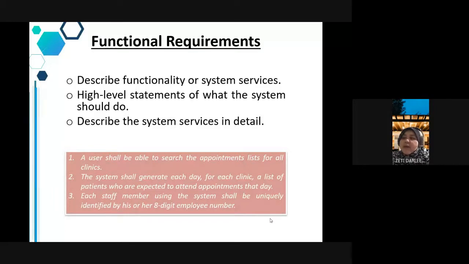Kalau you guna multiple item to search, then it probably gives a better solution for the client. Okay, so the system shall generate each day for each clinic a list of patients who are expected to attend appointments on that day. So these are the capabilities.